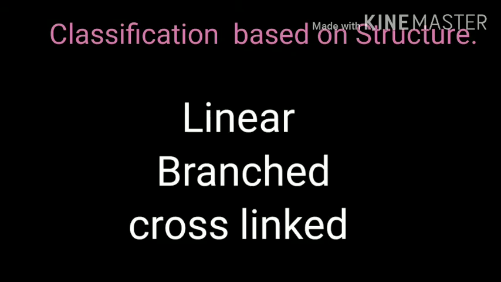Next, we move on to the classification based on structure. Depending upon the number of monomers linked together, polymers are classified as linear, branched, and three-dimensional cross-linked polymers. The linking in the monomer depends upon the nature and number of functional groups present between them.